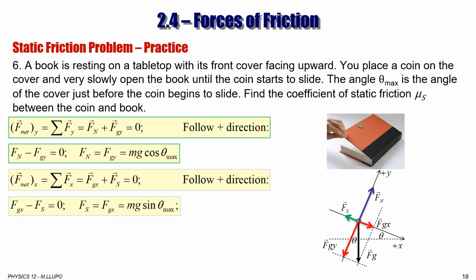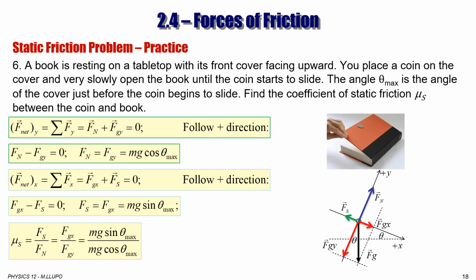Then we can replace Fgx with mg sine theta, and Fgy is mg cosine theta. So mg and mg cancel, and what is left is sine over cosine, which is tan. So mu s is equal to tan theta. As a conclusion, the coefficient of static friction depends on the maximum angle.